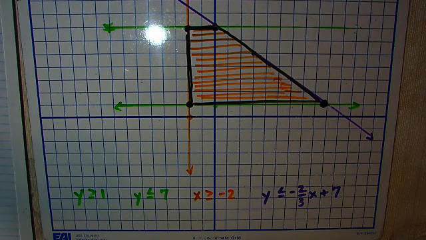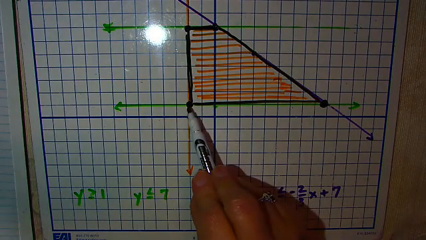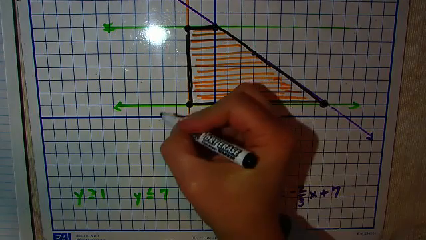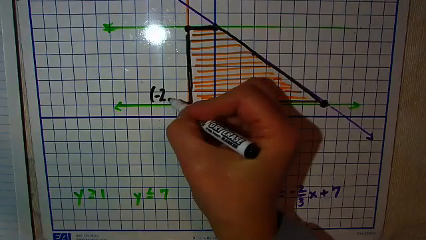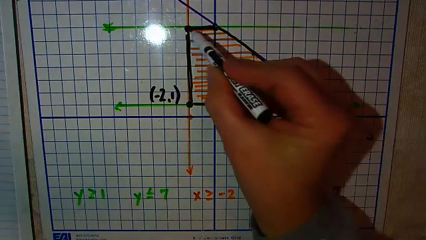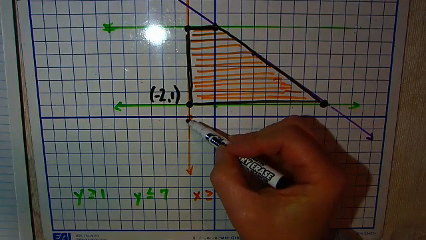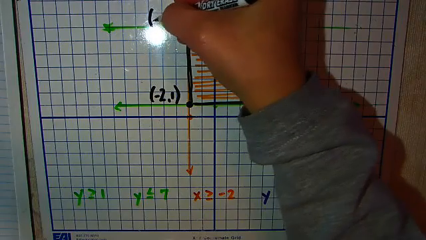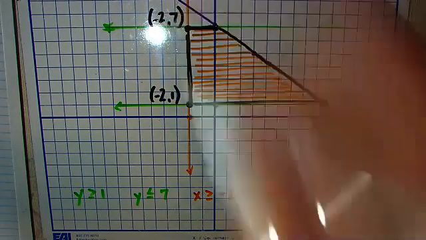Okay, so let's go ahead and, on my graph here, write the ordered pairs of my vertices. This one here, we have -2, 1. This one up top will be -2, 7.